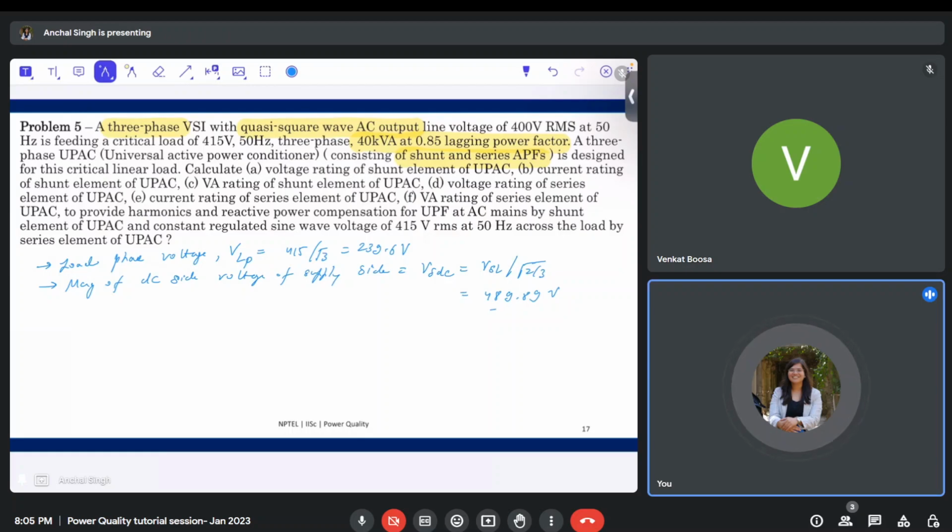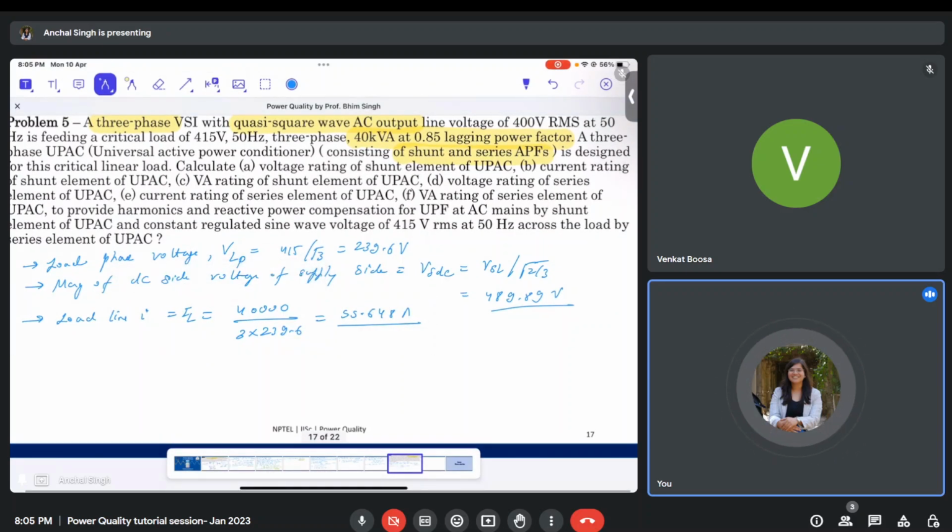So the load current can be calculated. The load line current IL is equal to 40 kVA by 3 into phase voltage 239.6. The load line current will be 55.648 amperes.